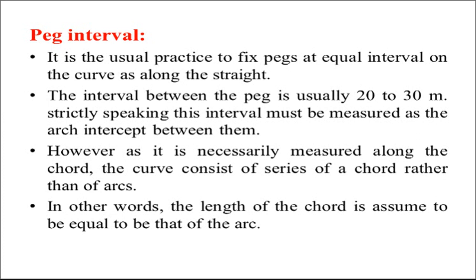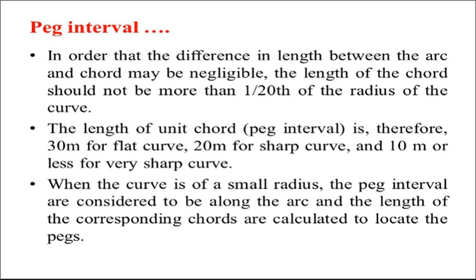In other words, the length of the chord is assumed to be equal to the length of the arc. In order that the difference in length between the arc and chord may be negligible, the length of the chord should not be more than 1/20th of the radius of the curve.